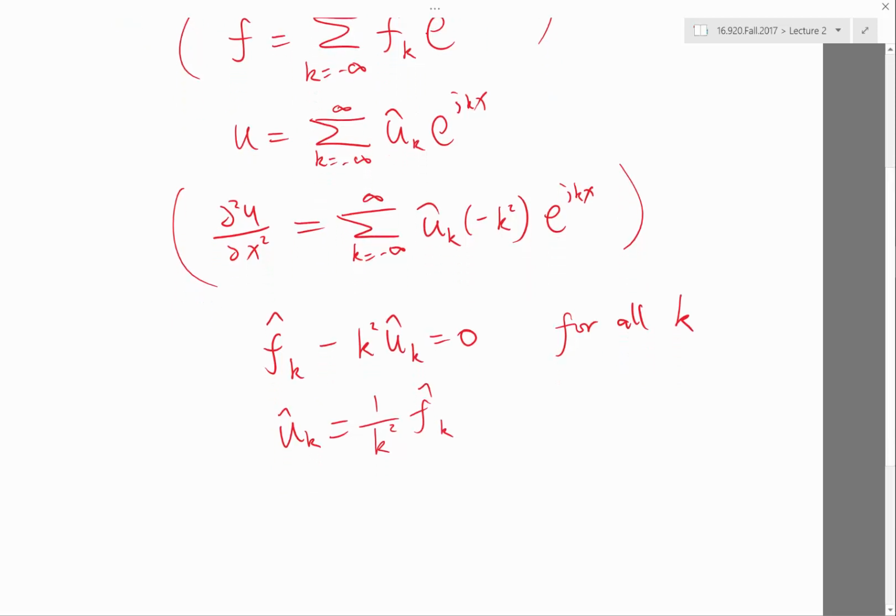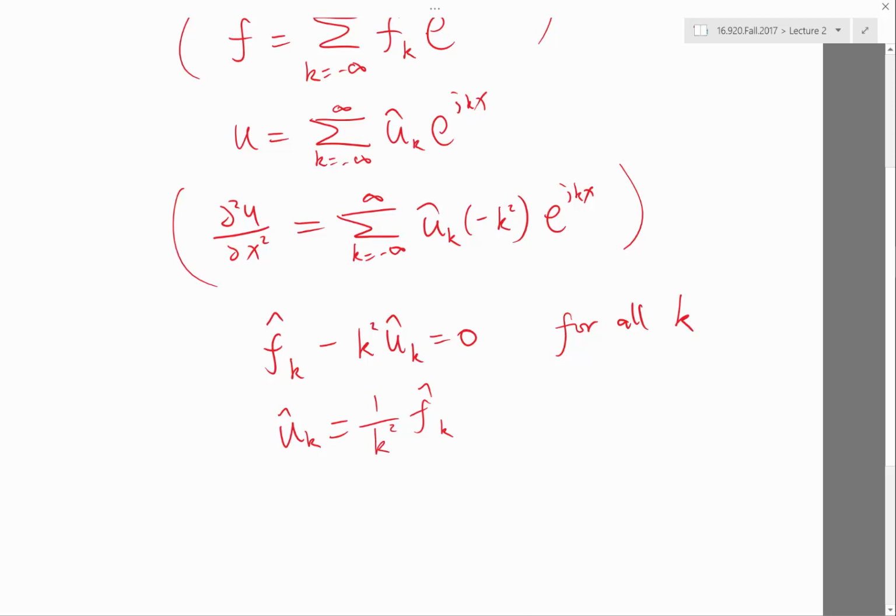Thinking about different k's corresponding to different qualitative components in the solution u and in the forcing function f, or source term f, would you expect f to be more oscillatory or smoother than u?